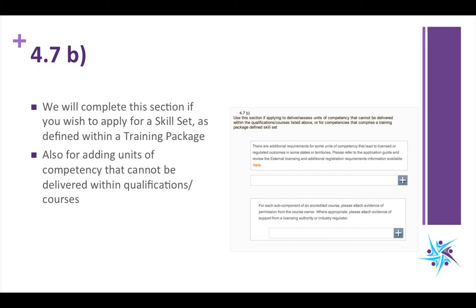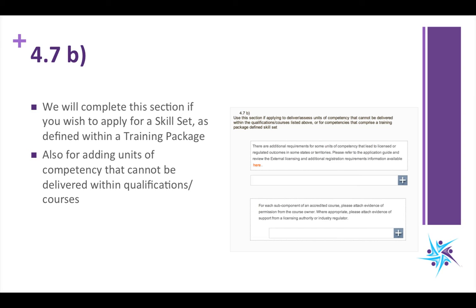We also will be adding here units of competency that cannot be delivered within qualification courses. An example of this is you might be delivering Certificate III in Aged Care, which requires a unit in first aid. Now, with first aid, it has licensing requirements behind it, WorkCover requirements.